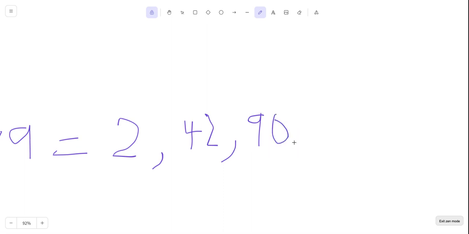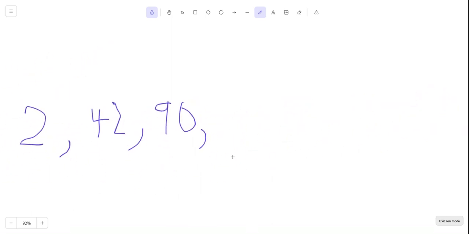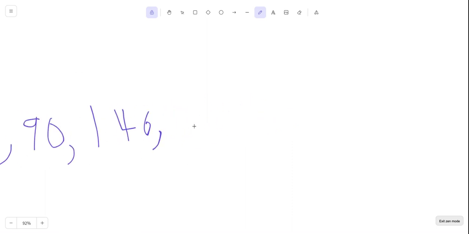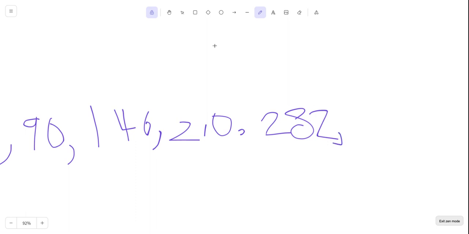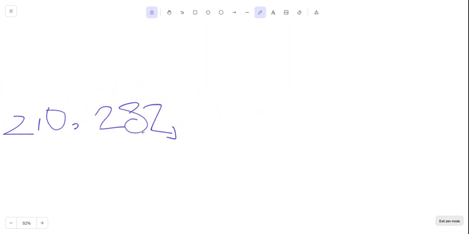Then 15 squared minus 79 is equal to 225 minus 79 is 146. Okay, and notice these are all even, meaning it's working. And 210 for 17 squared, and 19 squared minus 79 is 282. And then 21 squared minus 79, 441, okay.